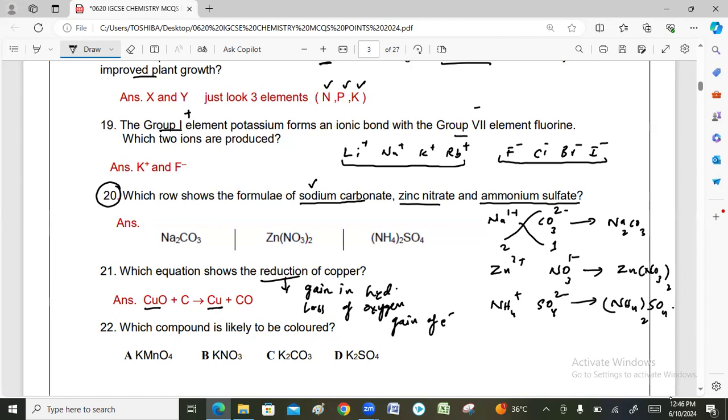Here on the product side, this is copper. So when we convert the copper 2 oxide to copper, this is loss of oxygen. So loss of oxygen is reduction. And copper 2 oxide is reduced to copper, and the carbon is oxidized to carbon monoxide. So this is oxidation. This is a reduction. So basically, this is a redox reaction.